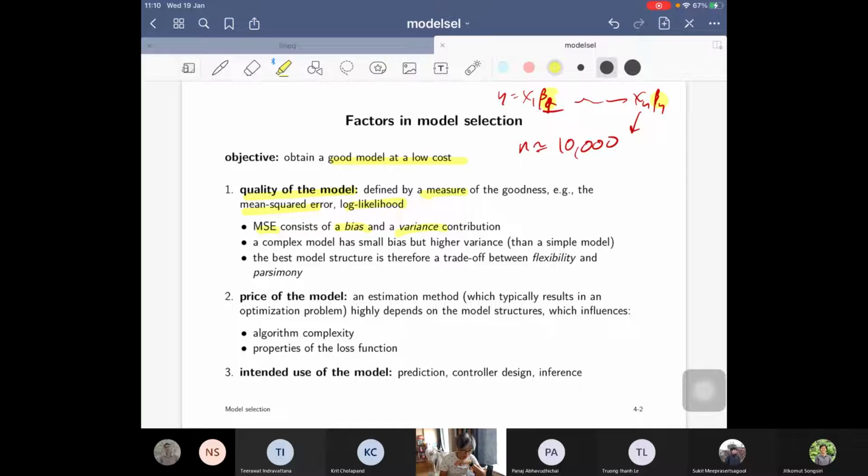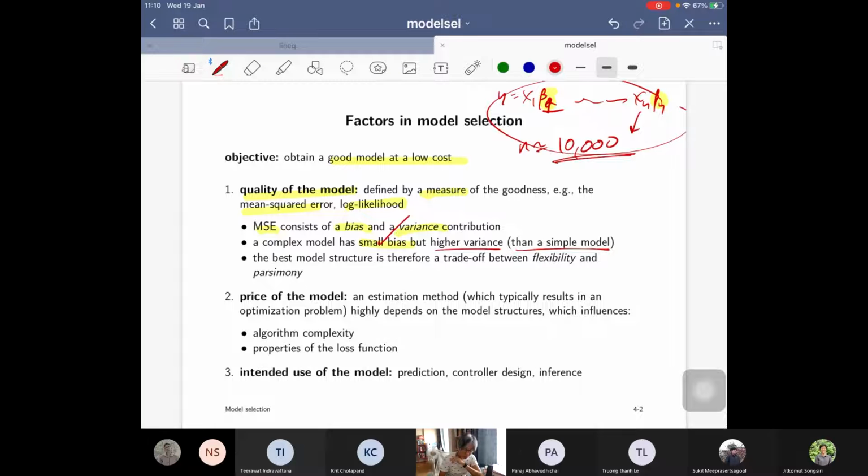A complex model has a small bias, which is a good thing, but on the other hand, it has a high variance. This is in comparison to a simple model. In the context of linear regression, suppose the candidate predictors included initially in the model are 10,000.